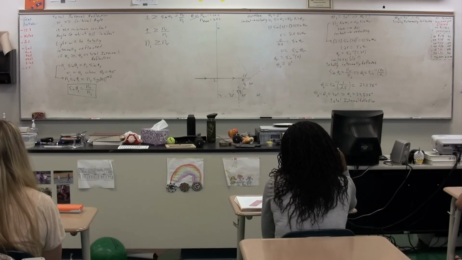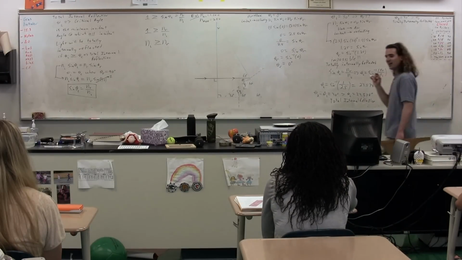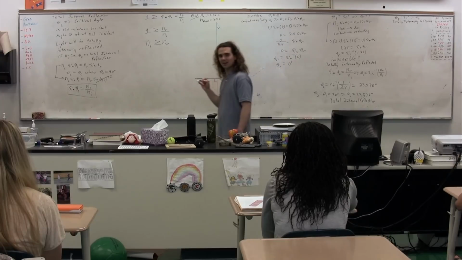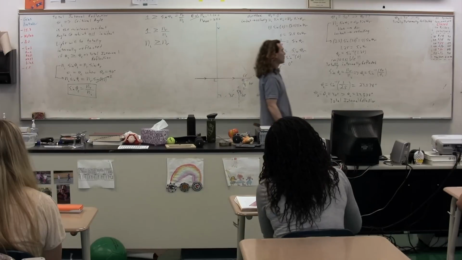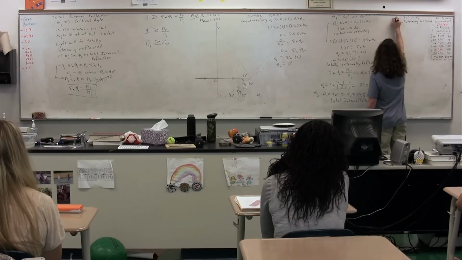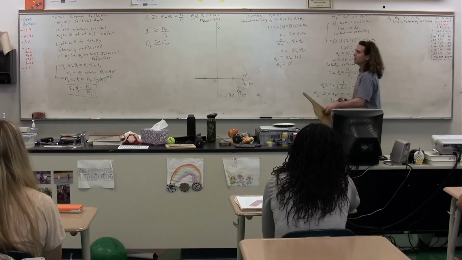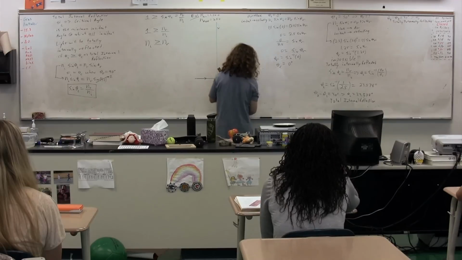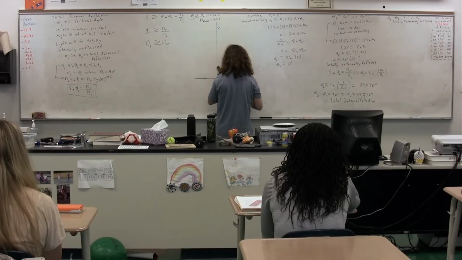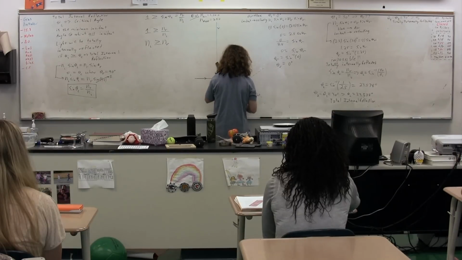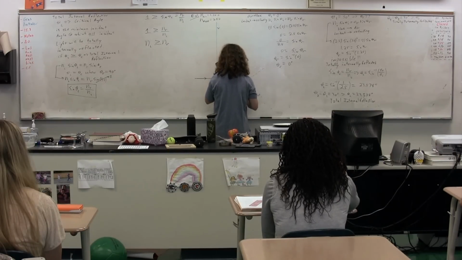The reflected angle is equal to the incident angle. The incident angle, theta 3, is always the same as the reflected angle, which is, in this case, theta 4. Remember, the incident and the reflected angles are always the same. So I draw my reflected ray like this, at a 30-degree angle to the normal.